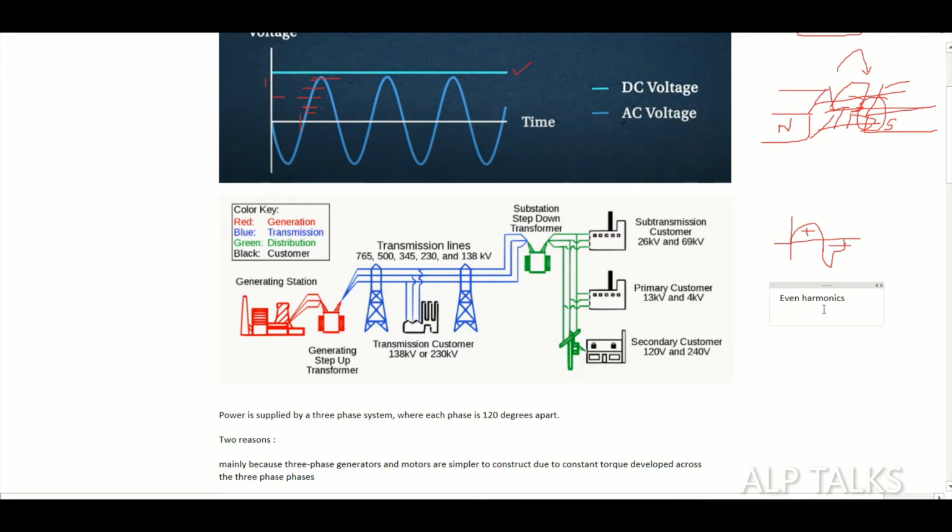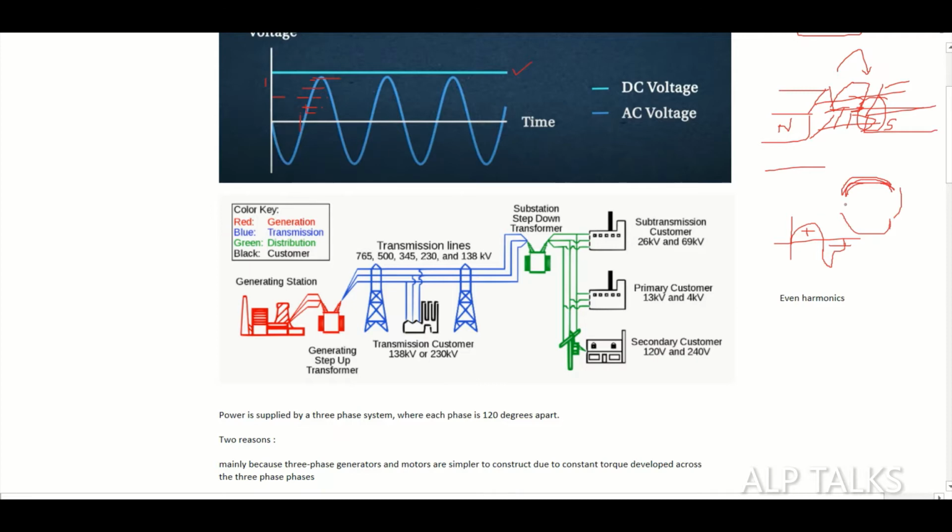Both poles should be similar, right? There are many different ways of making poles. For example, this is the magnet. Instead of making it rectangular, they make a shoe shape so that we get closer to a sine wave. There are different aspects; we will discuss those in another session also.